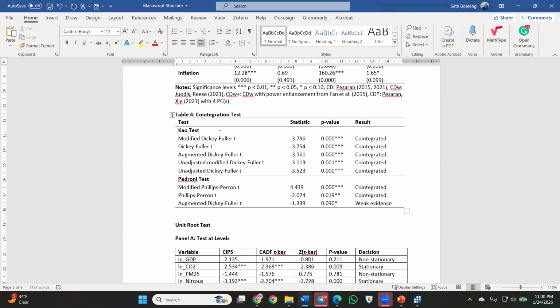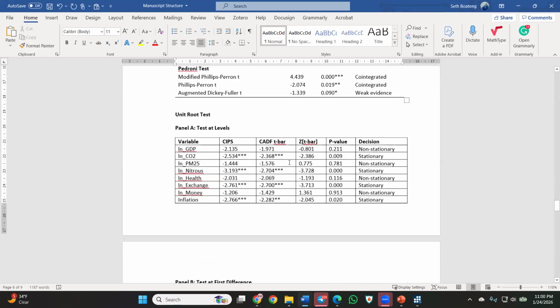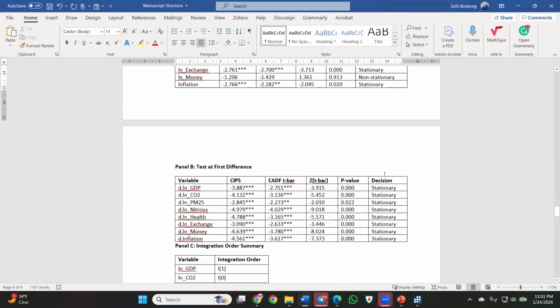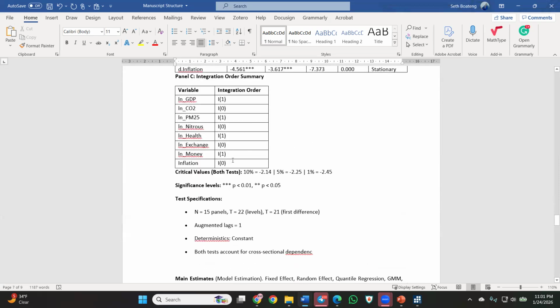And then we did the unit root test, and we have a mixed order. So we have I0s and I1s. So this is a mixed order.